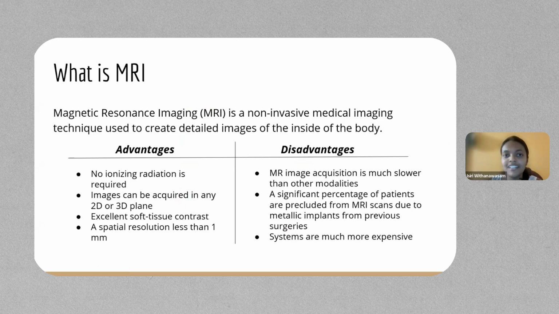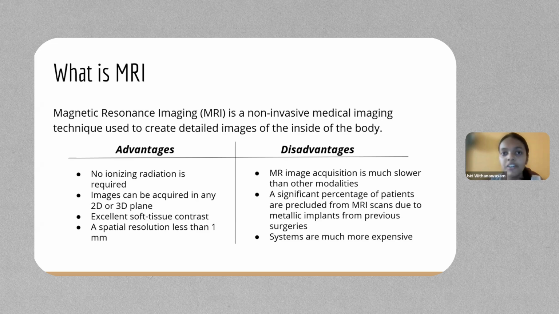Magnetic resonance imaging, MRI. I think you have seen MRI machines, big machines in the hospital. It's a non-invasive imaging technique which uses a strong magnetic field and radio waves to produce the image. We can use MRI to produce either 2D or 3D images.